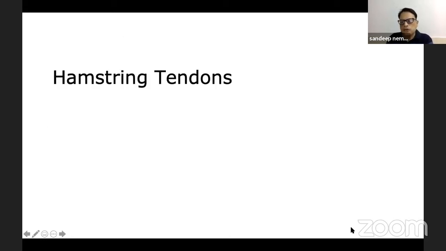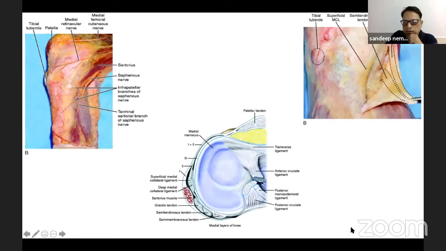When we talk about the hamstring graft, I will directly jump to the method, and before going on to the video streaming, what I would like to emphasize for those who are beginners as far as this graft is concerned: to harvest this graft successfully, you need to understand the 3 layers of the semimembranosus fascia.